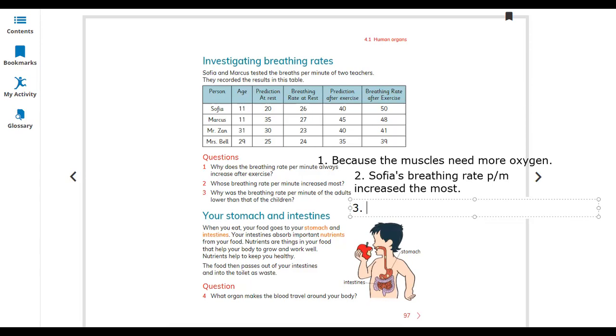So you can write here because adults have bigger lungs, so they need less breathing or less oxygen as compared to the children. We stop here today.